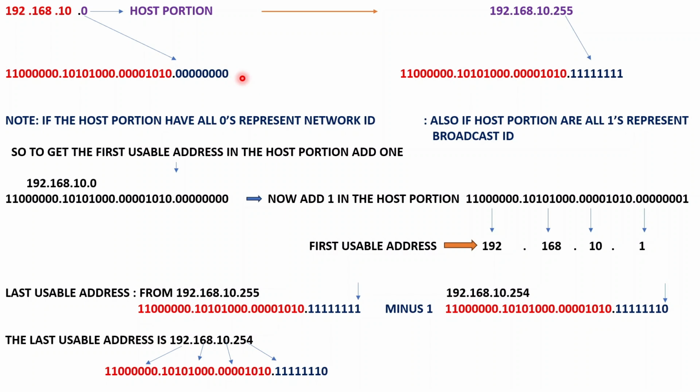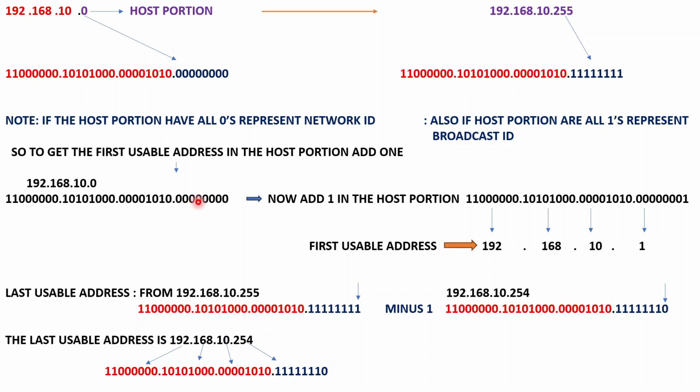It's all 0. So for us to get the first usable address, we only add 1 to our host portion. Look here. It was 192.168.10.0, which we converted into binary, and it became this address. So we want to get the first usable address in this network.